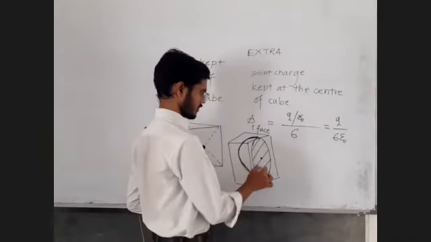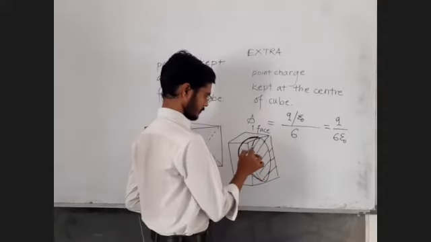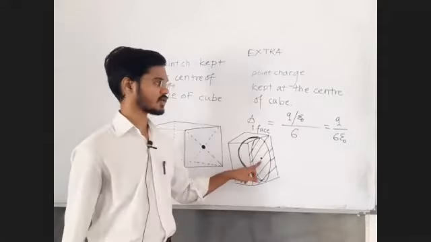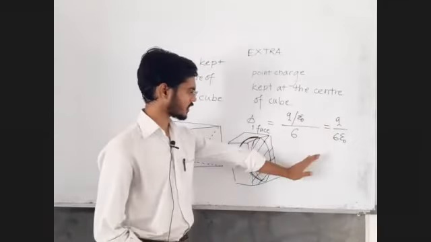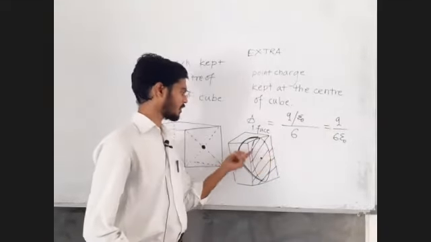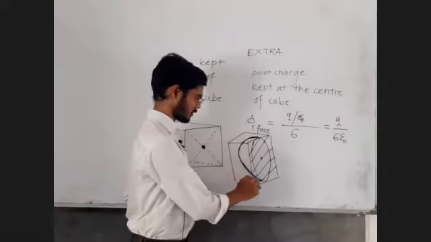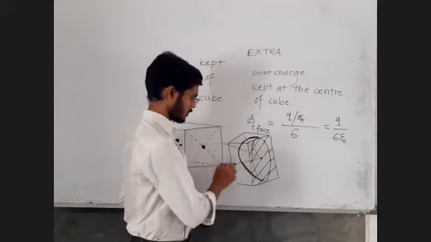This surface and the surface of the cube are both the same. Whatever flux is created by this charge Q is Q upon epsilon 0. Half of the flux is here and the remaining half is cutting this hemisphere. All those remaining half flux will ultimately cross the cube.